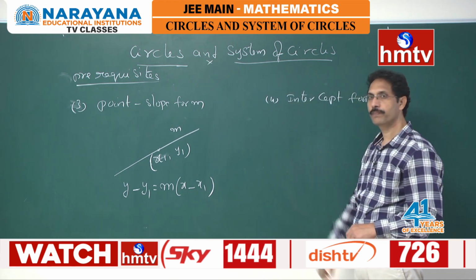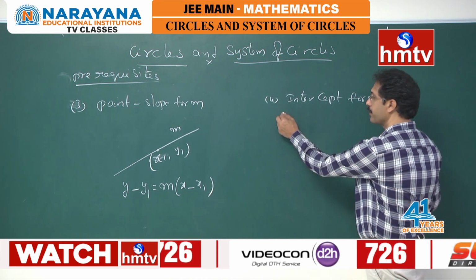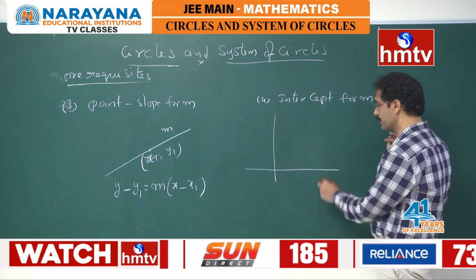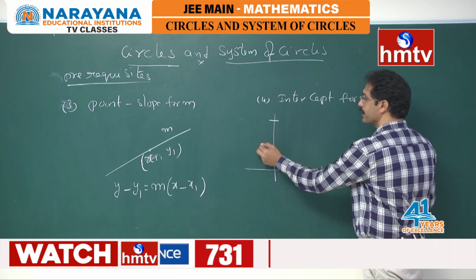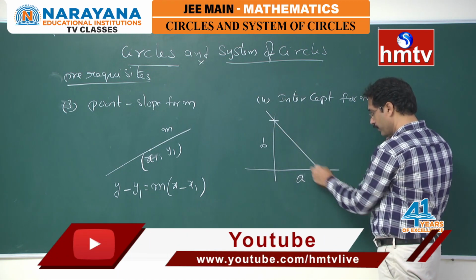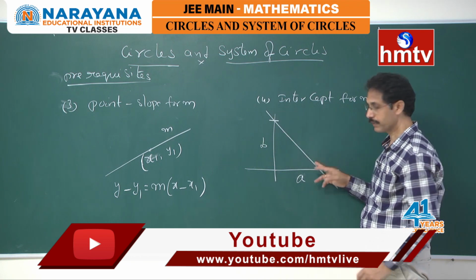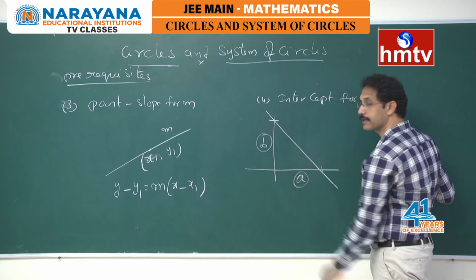Okay, now we go to our intercept form. It is nothing but a straight line meeting the coordinate axes, x axis at a distance a from origin and y axis at a distance b from origin. Then if you draw the line, this is called intercept form of the straight line. Here a is called x intercept and b is called y intercept.